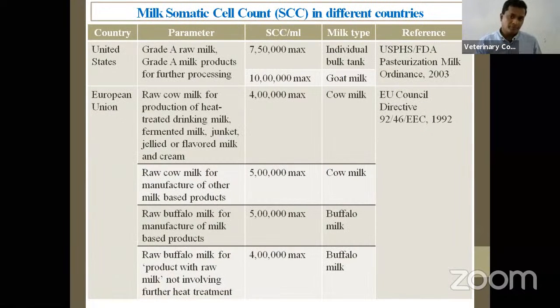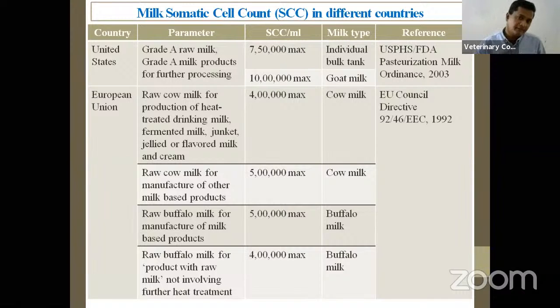Then one more important criterion that I must mention here is somatic cell count in different countries. You know that whenever there is udder infection and inflammation, because of the invasion of microorganisms, there is elevation of the milk leukocytes and also the epithelial cells and some of the cells that are excoriated from the udder.